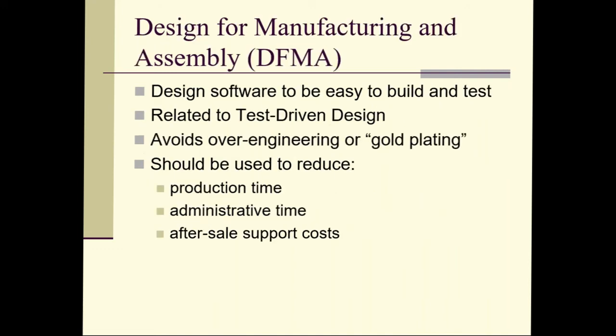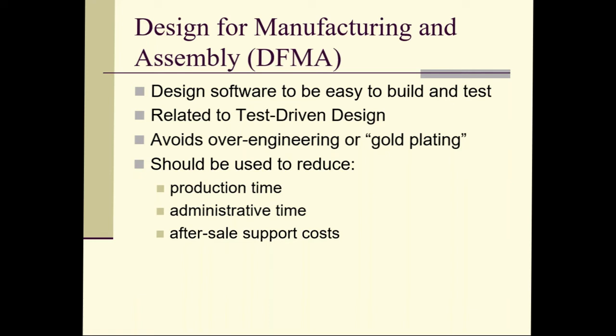Another lean technique that we can use in the project management context is looking at the process for building something and changing the design to make it easier to build. So there's an example. If somebody is creating an overly complex design for a product, that makes it very, very difficult for the manufacturing team to create it.